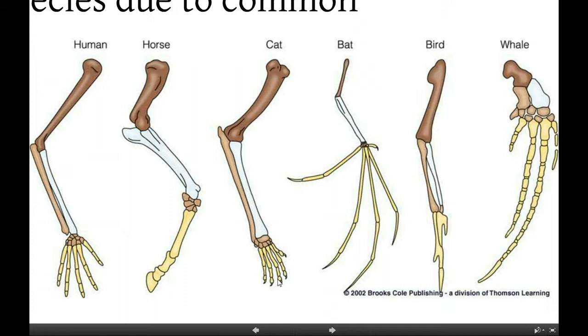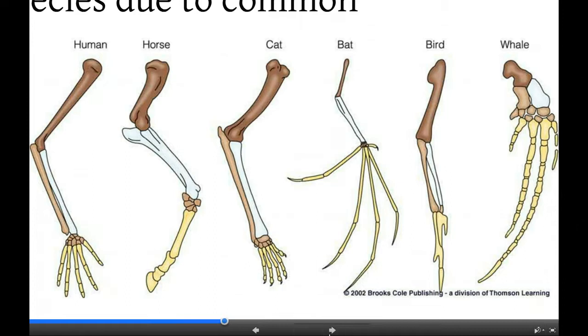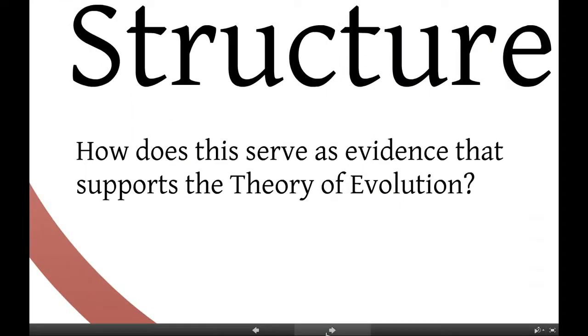In cats, they've got their finger-like parts. The bat has these appendages that provide the wing its structure. Birds have been modified even more, and the whale has been modified again. So you can see that there are quite a few modifications, but they're actually the same bones, and that provides evidence that there's a common ancestor involved as well.